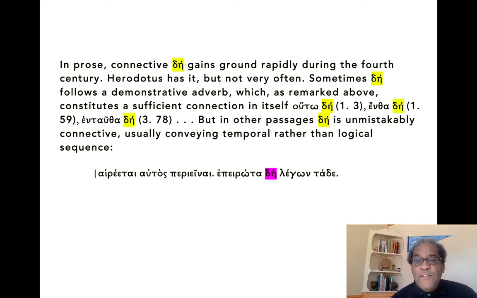But in other passages, de is unmistakably connective, usually conveying temporal rather than logical sequence, which is what we have here. Haeretai autos perienai, eperota de legontade. So temporal rather than logical sequence.